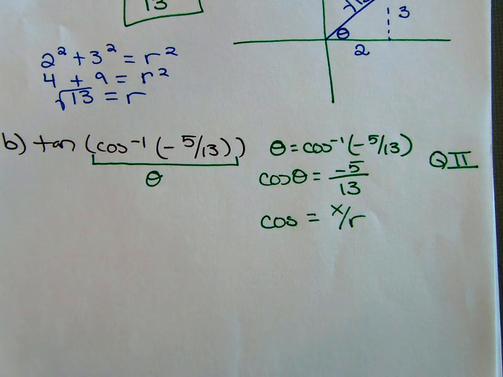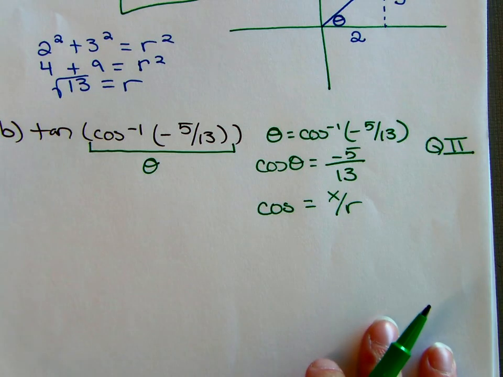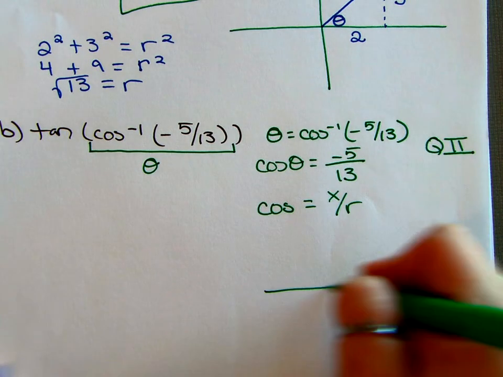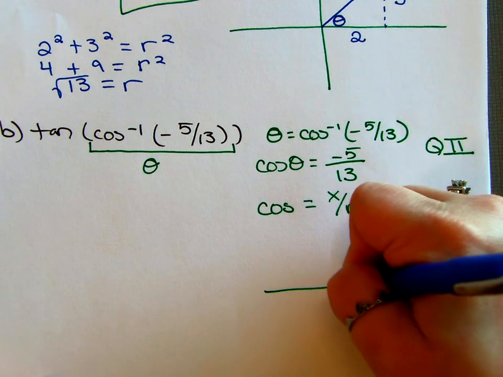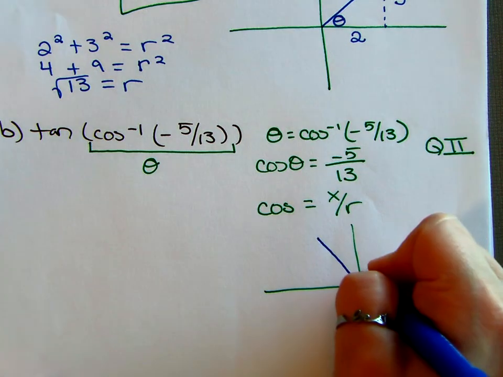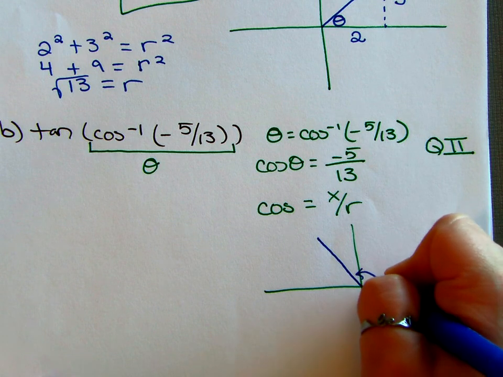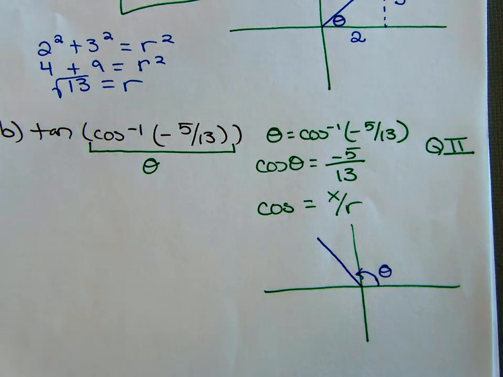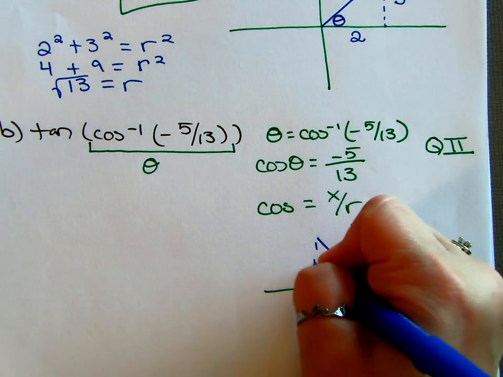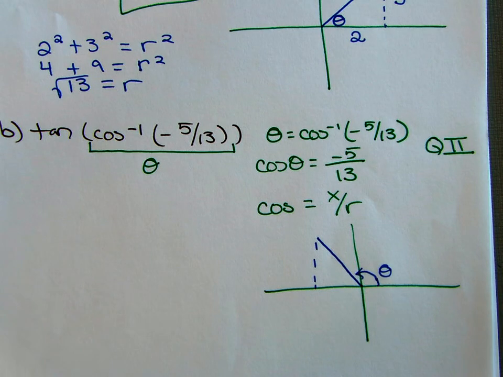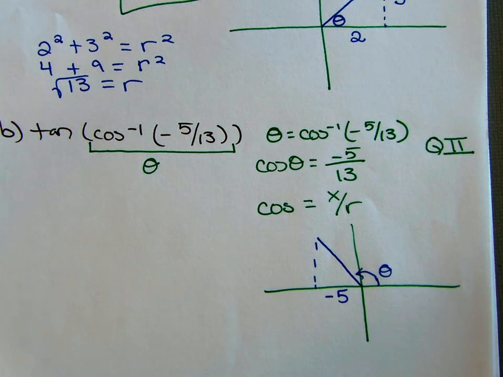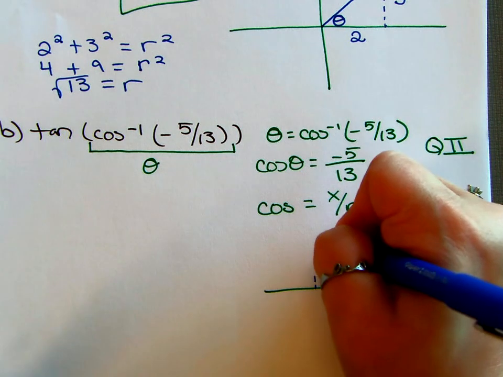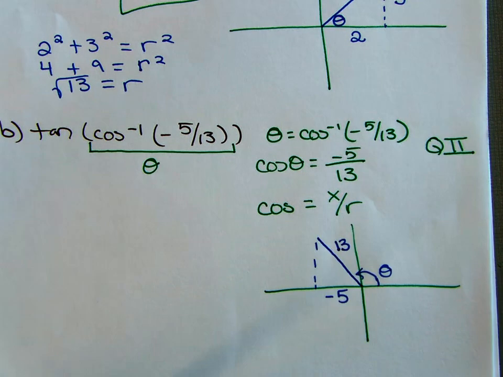And if we're in quadrant 2, I'm going to draw my triangle in quadrant 2. So if cosine is x over r, my x is -5, which it better be because I went to the left. I'm in quadrant 2. And then my r in this case is 13, and what I'm missing is my y.